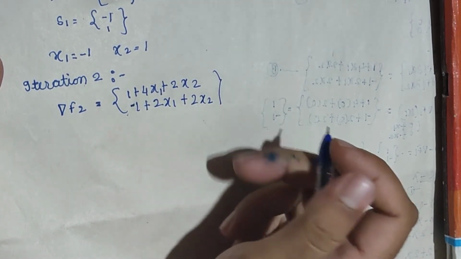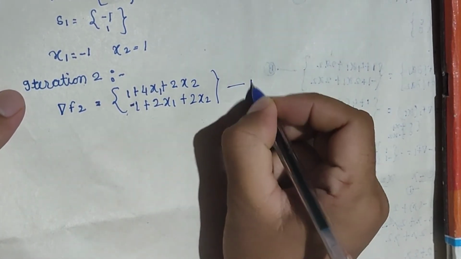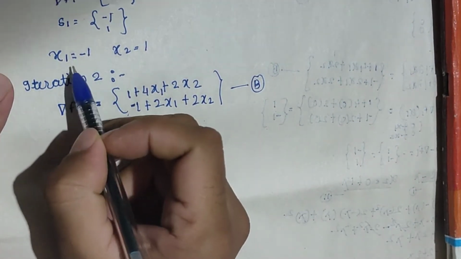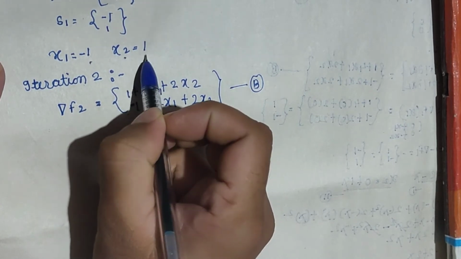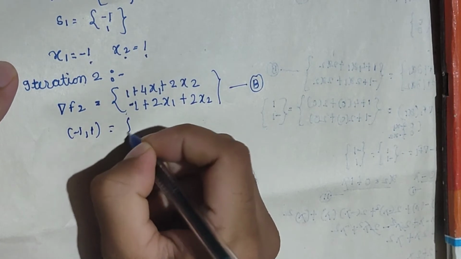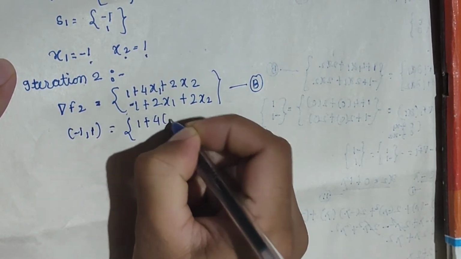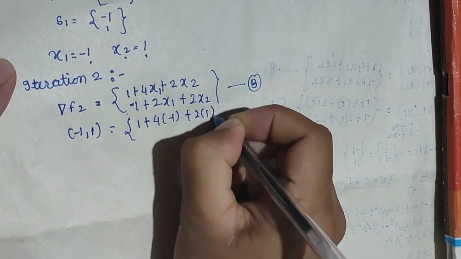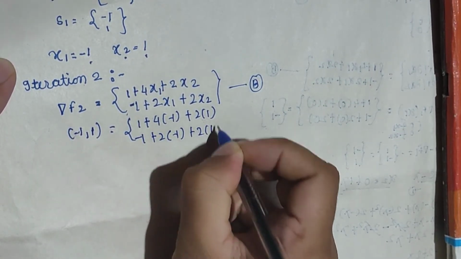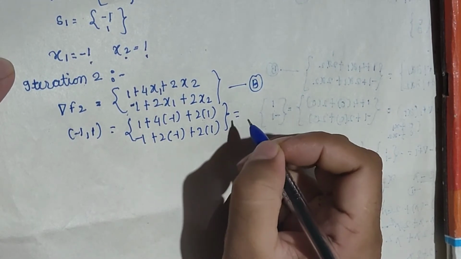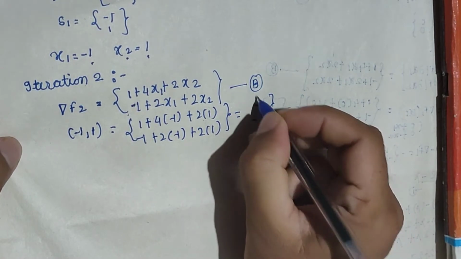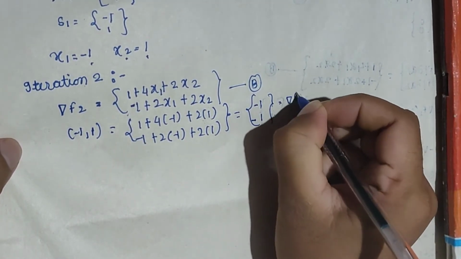This is equation number B. We already have x1 equals minus 1 and x2 equals plus 1 from the earlier iteration, so we put them into this equation. So we got minus 1 and minus 1, which are the values of del f2.